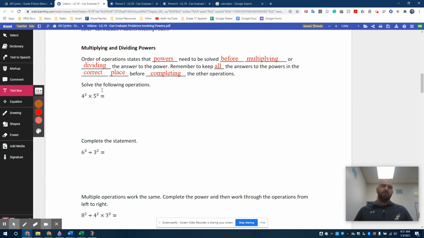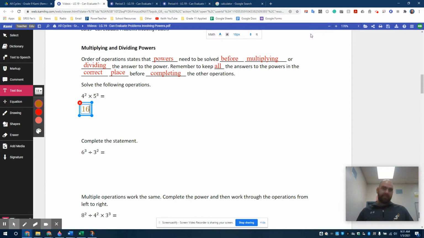So let's start by solving the following operation. We have a multiplication operation where we have 4 squared and 5 cubed. Now again, there's no parentheses in here. We'll get into that a little bit later. But for right now, we focus on that 4 squared and 5 cubed, and we do the powers first. So just like adding and subtracting, let's start by solving. 4 squared is a perfect square, so we can solve that.